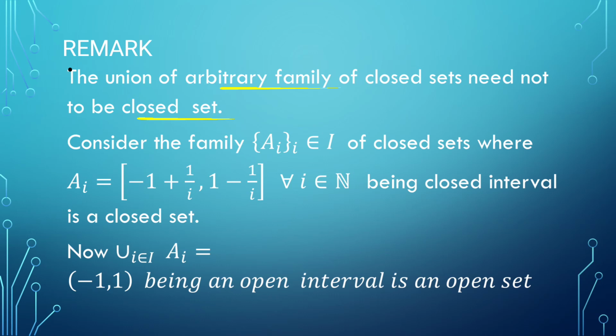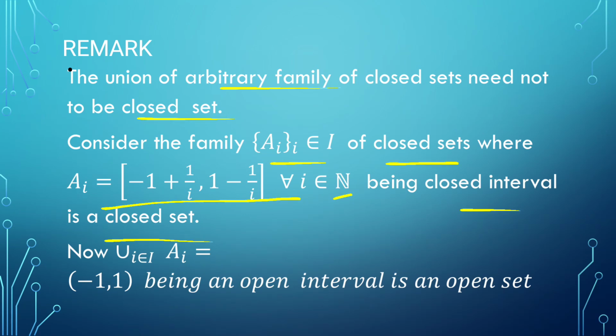For example, consider this family of intervals A_i, which are closed, where A_i is defined by this. Clearly every A_i here is a closed interval, so this is a closed set.